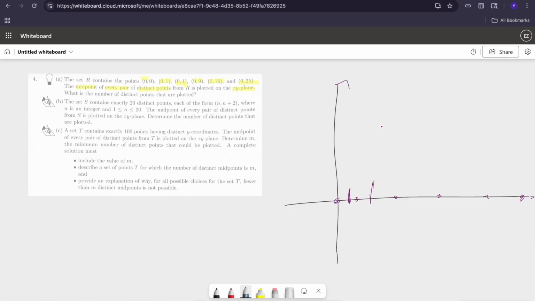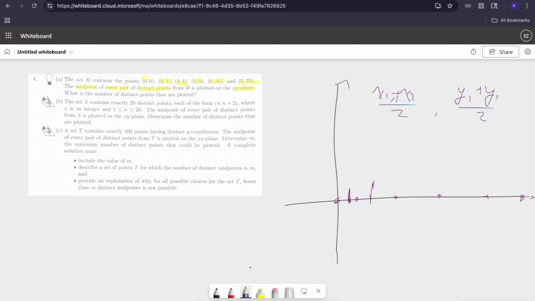We also know the formula to find a midpoint for two points: (x1 plus x2) over 2, comma, (y1 plus y2) over 2.